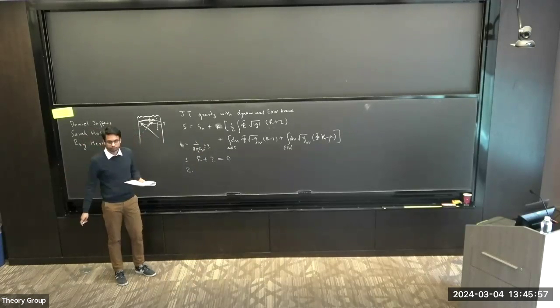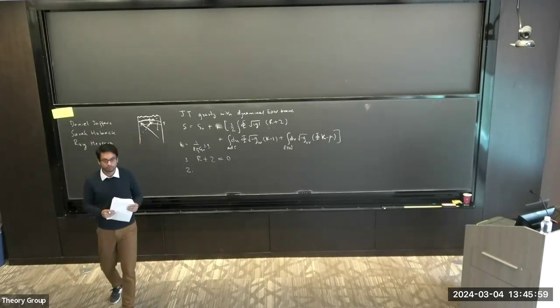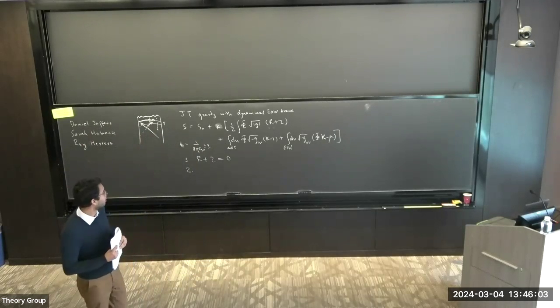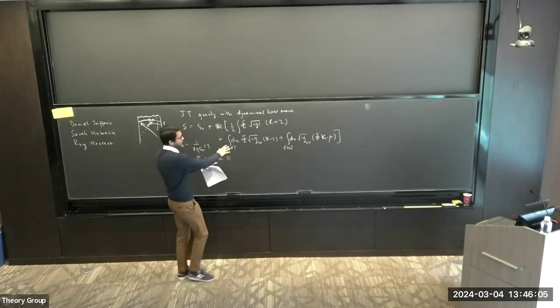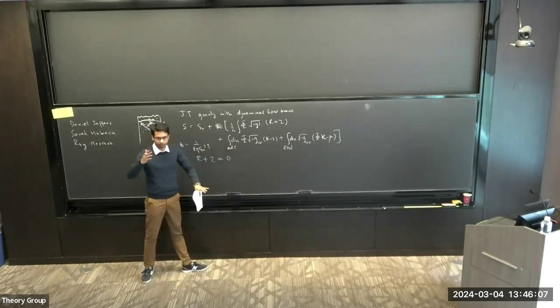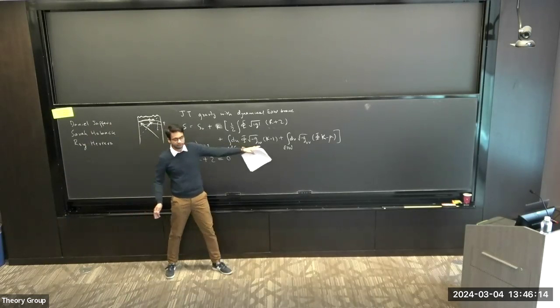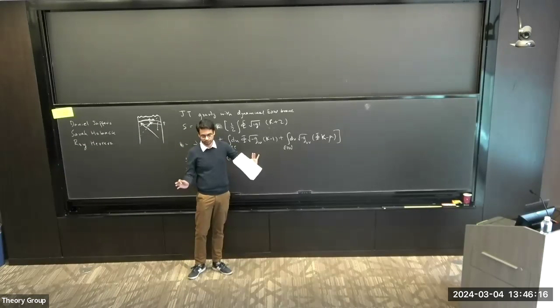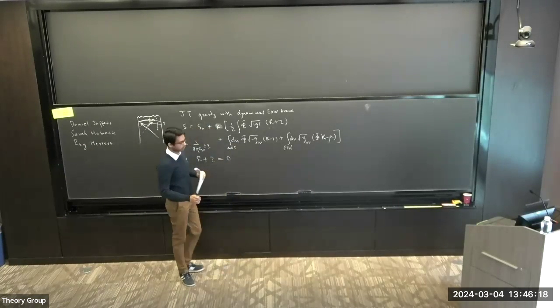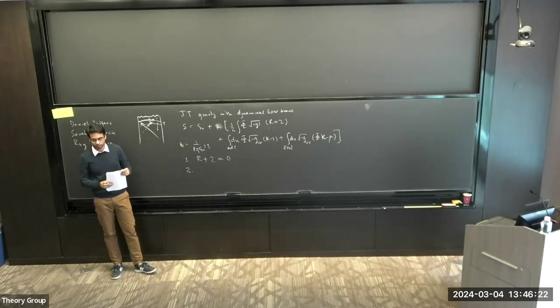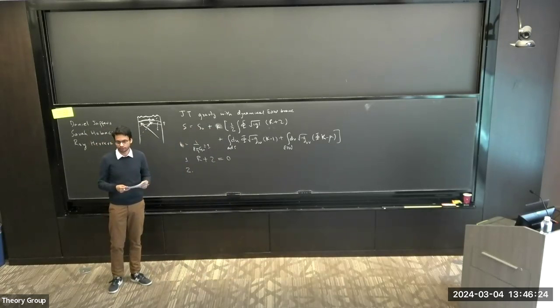U and V are not null coordinates; these are time-like coordinates. U is the affine parameter on the AdS boundary, and V is the affine parameter on the end of the world brane.